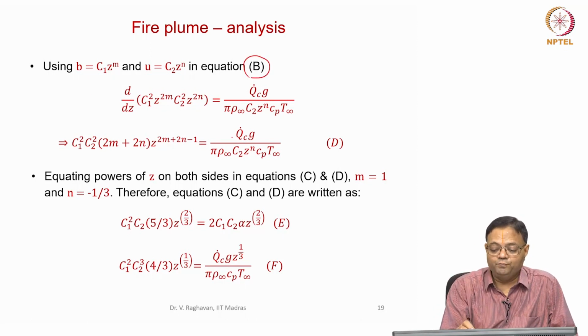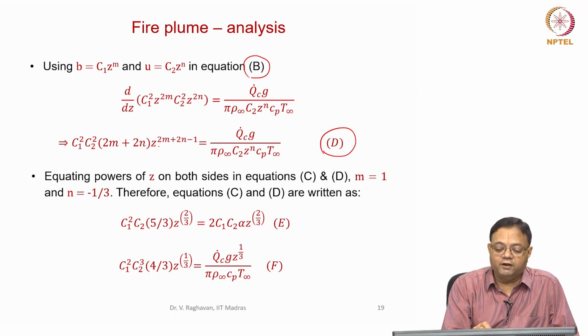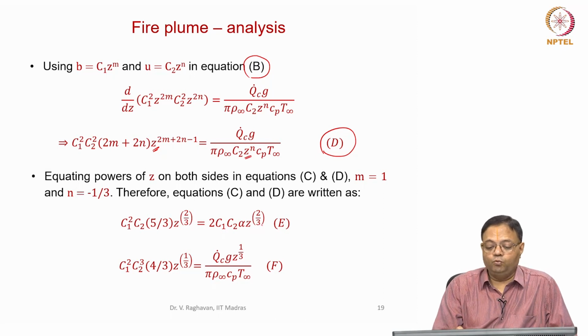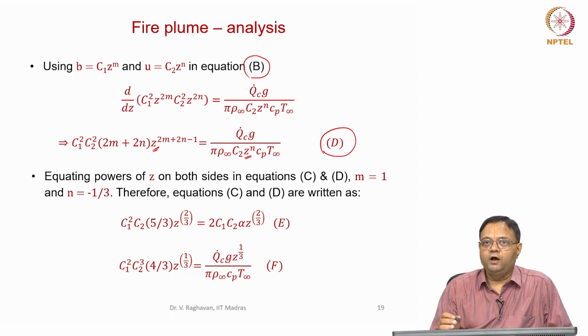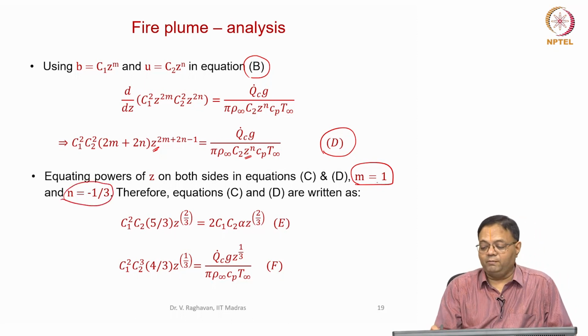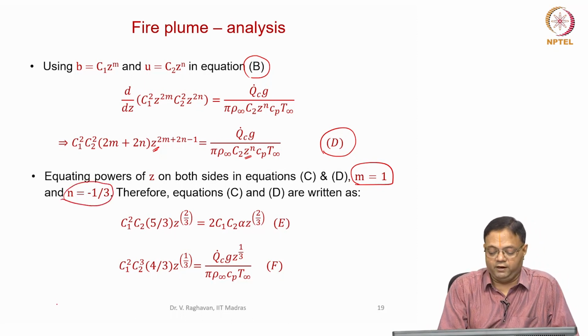Apply these two there, and I get equation D. Here also I can equate the powers of z on the left and right hand side, so that I get one more equation involving m and n. When you solve these two equations simultaneously, you get the values of m and n. So in this case, I am getting m as 1, n as minus 1 by 3.